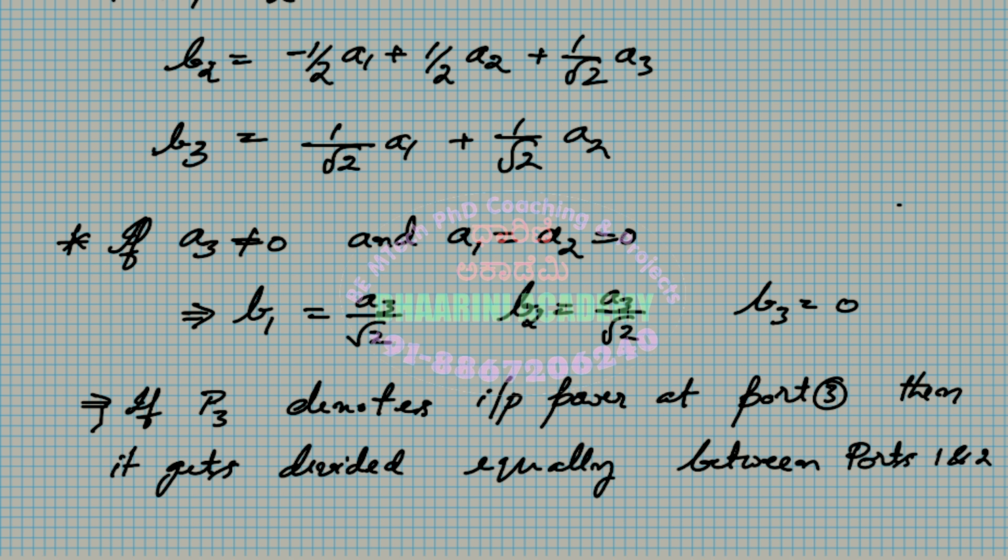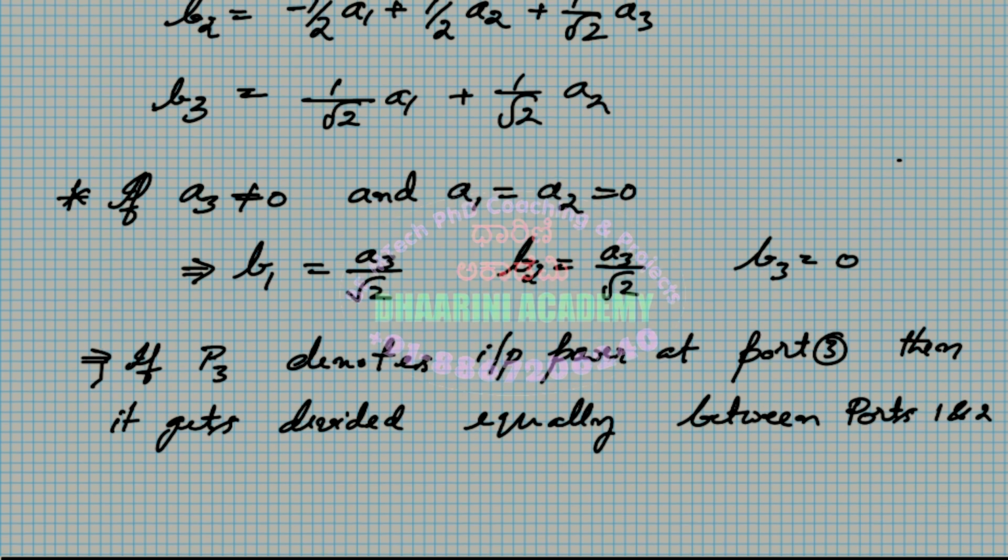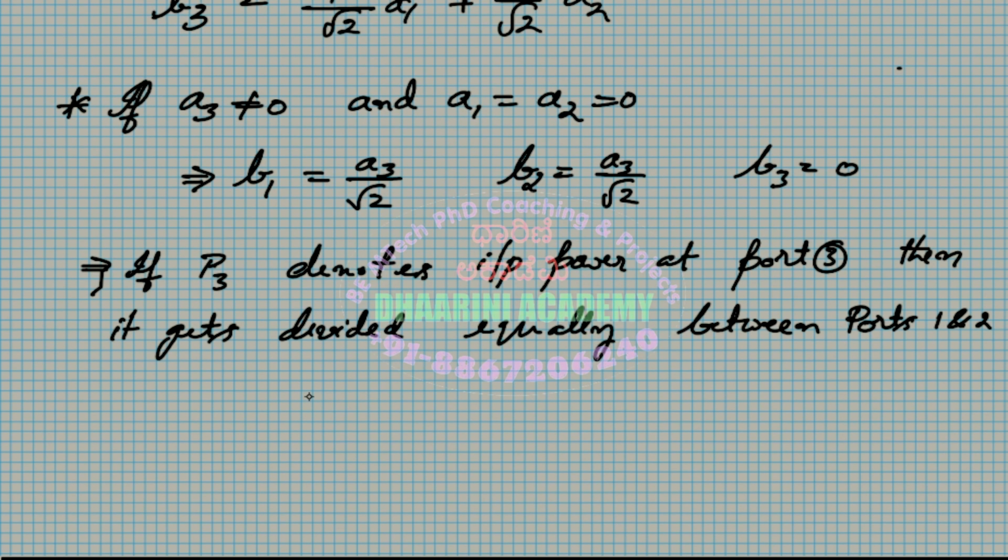So let me try to write in this way. The power P3 is equal to the power at the first port plus the power at the second port. But they're equal, P1 and P2 are equal, so I can also rewrite this as 2P1, which is also equal to 2P2.